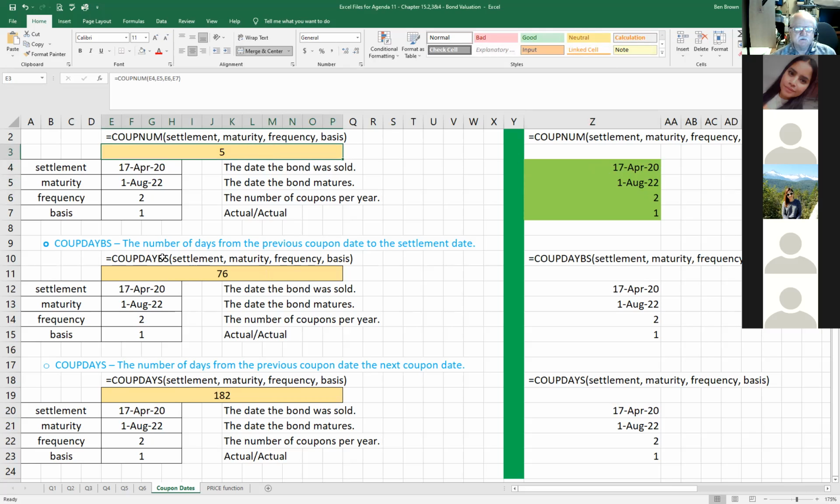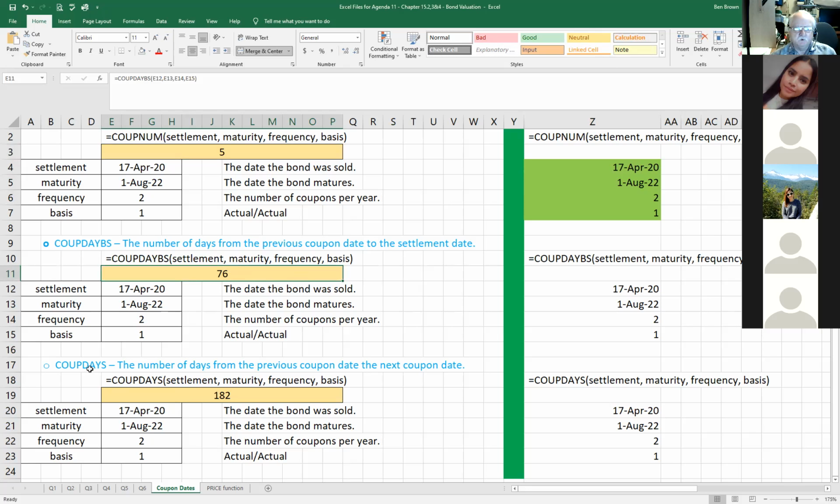I know BS sounds like bullshit, but it's before settlement. And what we find is from the previous coupon date to the date that it was actually sold, the settlement date is 76 days.